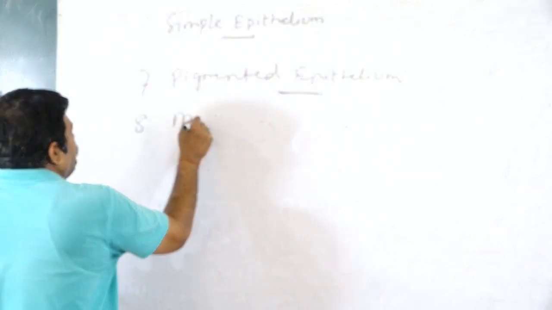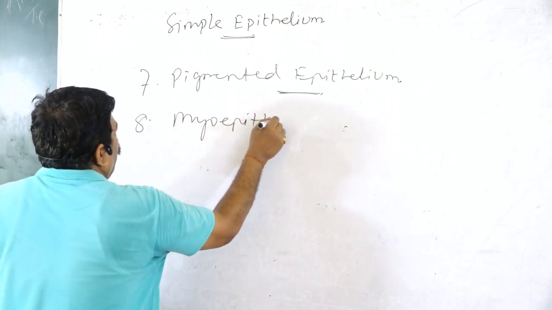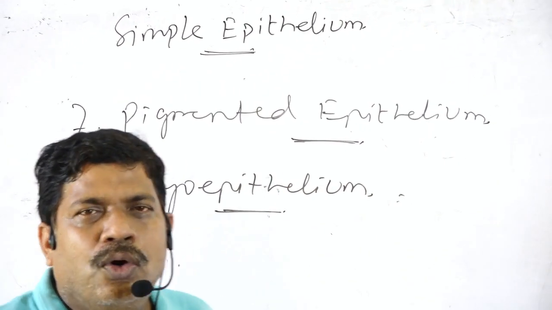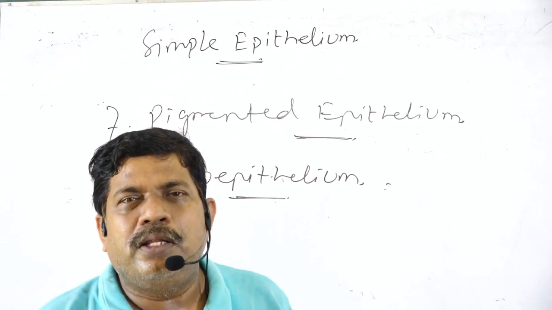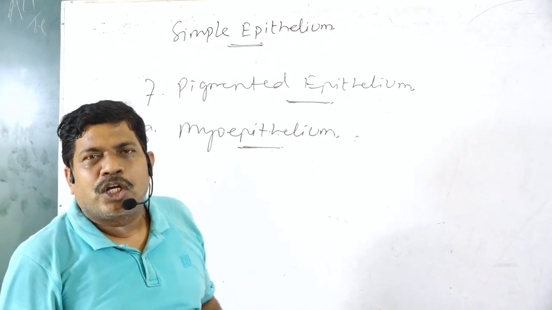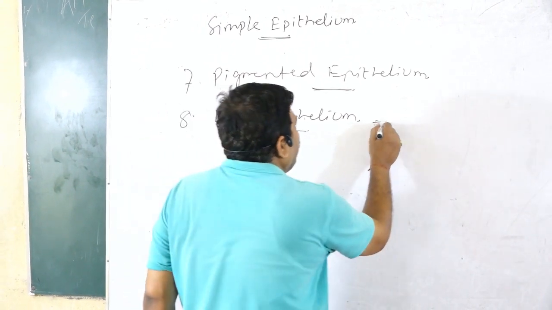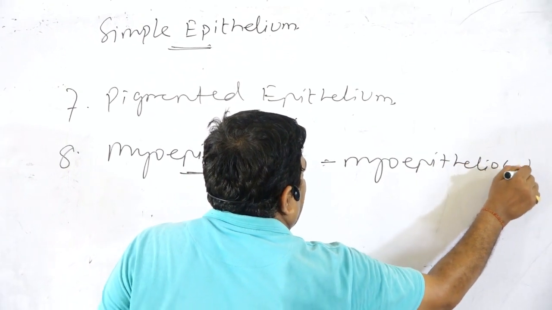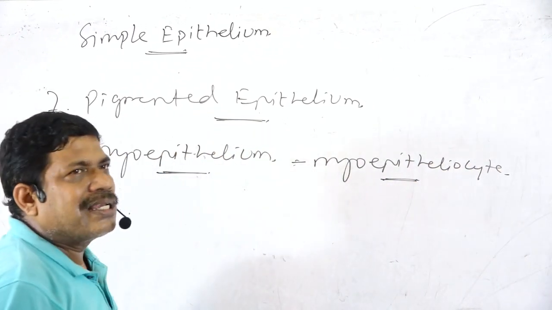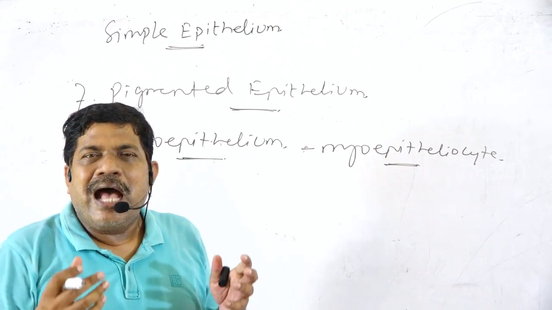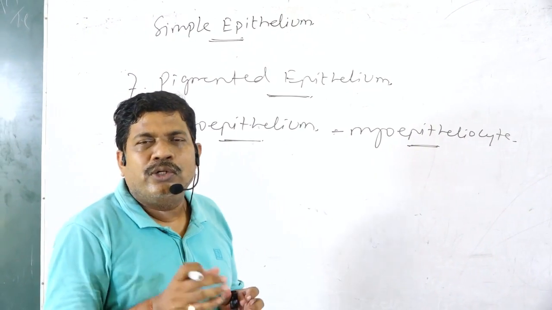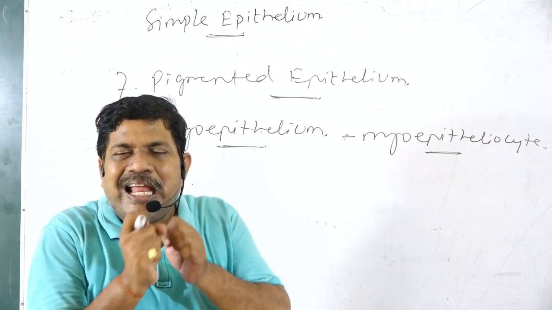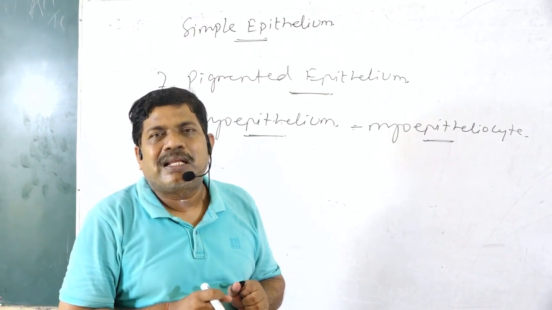Then myoepithelium. Myoepithelium is one type of specialized simple epithelium. The cells that constitute myoepithelium are called myoepitheliocytes. And these cells, like muscle cells, have the ability to contract. We know muscle cells have the ability to contract and relax, because contractile proteins are there.